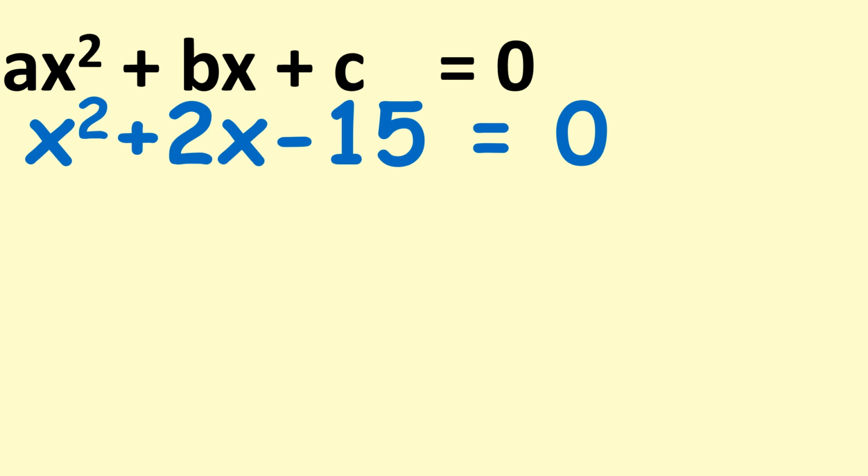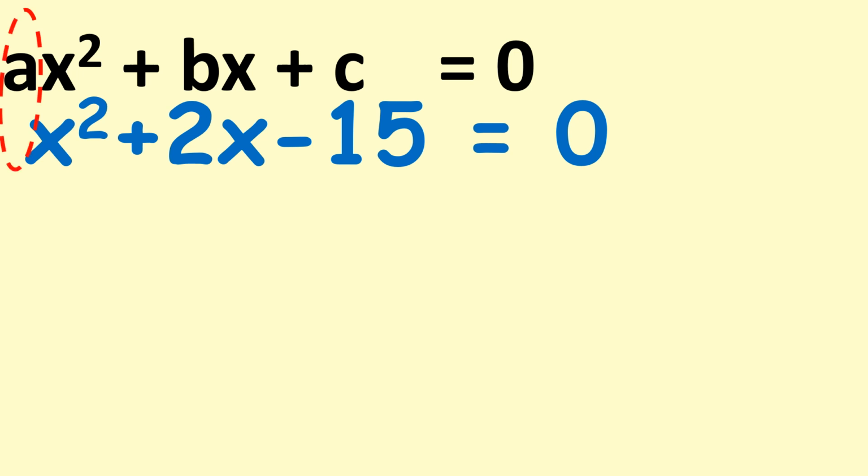Now we have ax squared plus bx plus c. By observation, what is our a? Our a is 1. What is our b? Our b is plus 2, which is 2. And what is our c? Our c is minus 15.